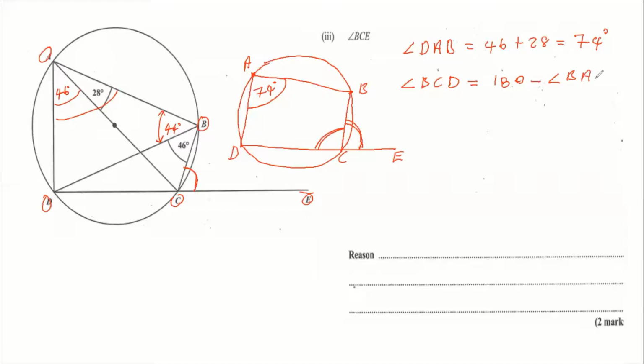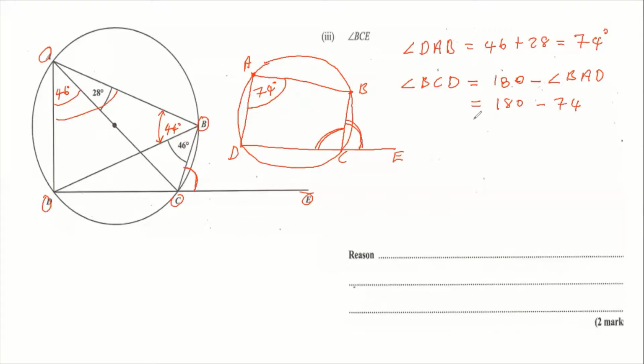As you can see, it's on this diagram, but because we have so many lines, it's a little bit confusing, and it is easier to see it this way. So that's going to be 180 minus what? 74, right? So that's just 74 degrees.